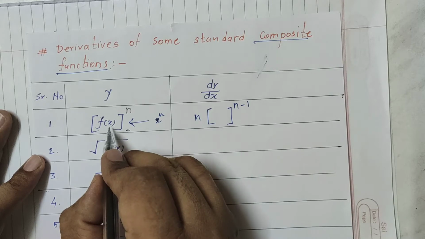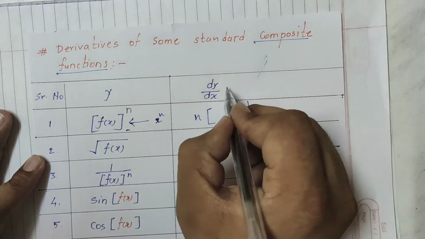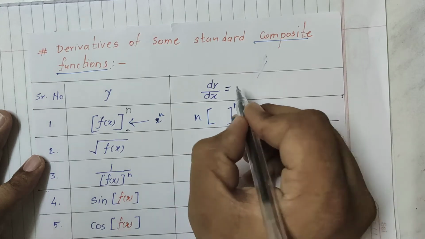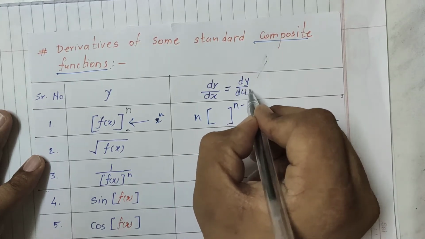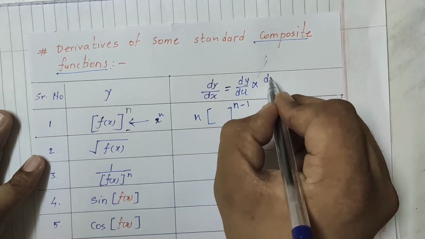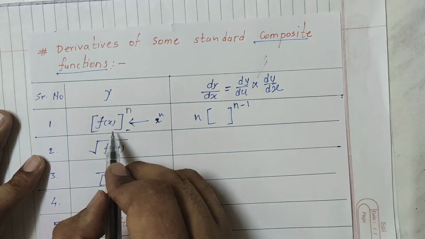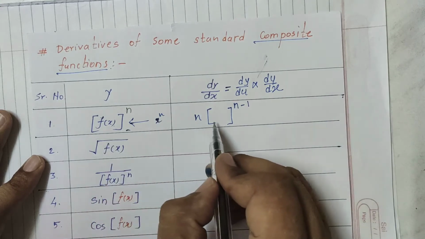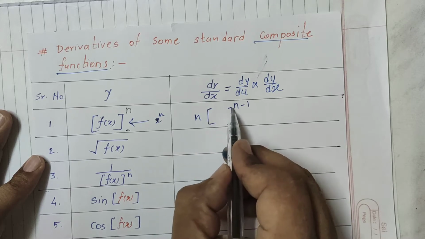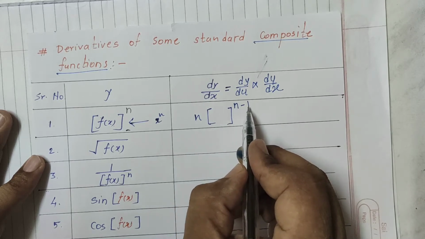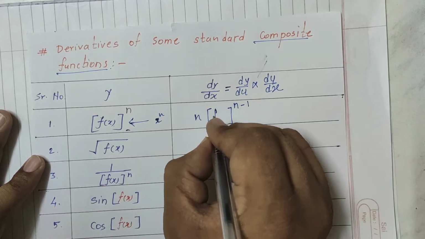Then how to find the derivative of f of x raised to n? By using the composite function theorem, which says first differentiate y with respect to u, and then differentiate u with respect to x. So first we look at which form it is: x raised to n. Then use the first formula, n times x raised to n minus 1, but here x is replaced by f of x.